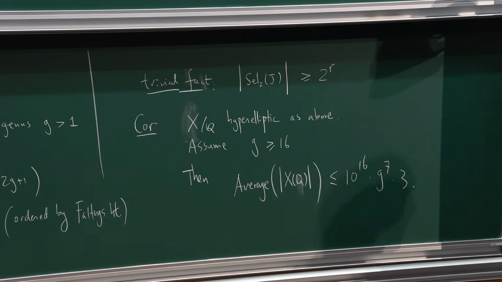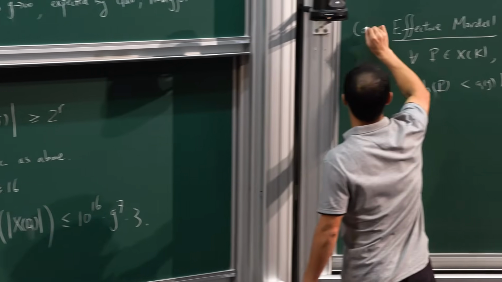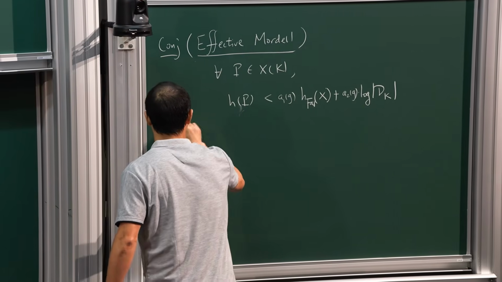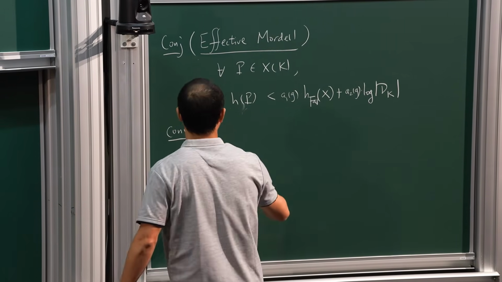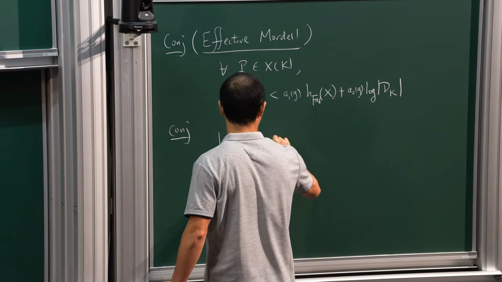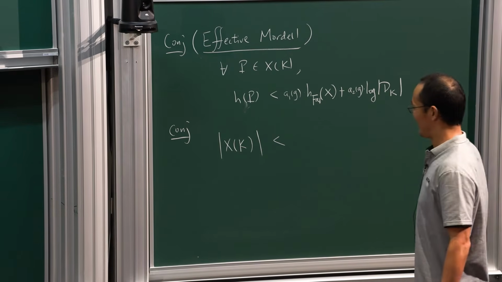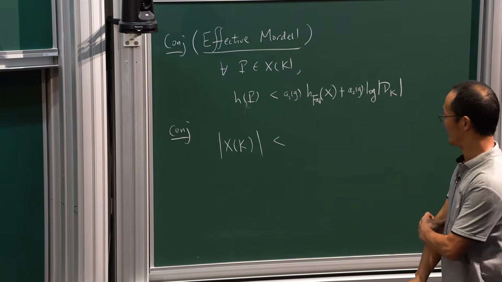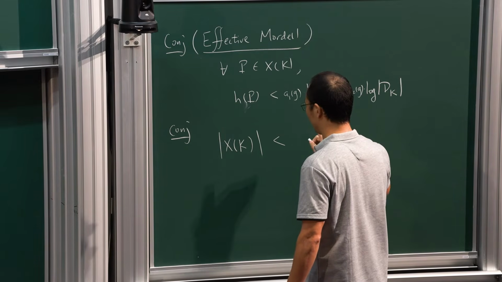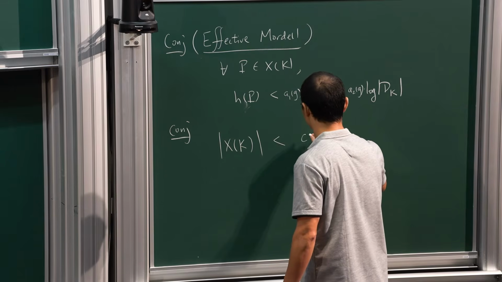So maybe I put here. So these are not my major concern, but they're related. So it's this X(k). There's a strong bound conjecturally. This is given by only the degree and the genus.